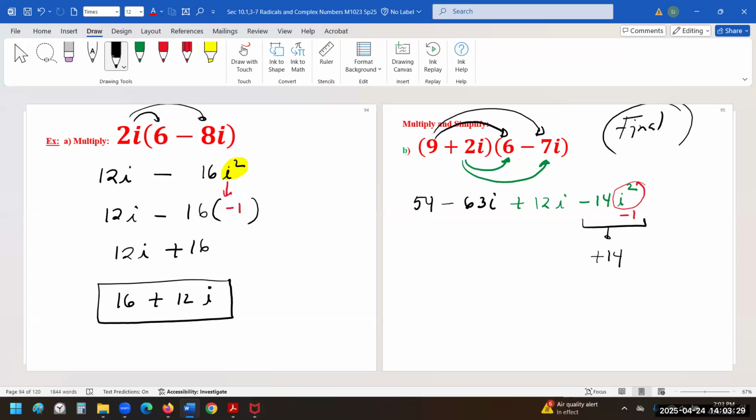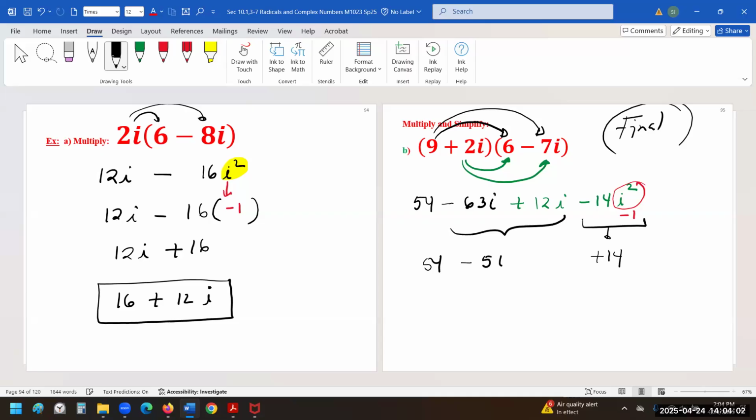And do you see any like terms? What are they? 63i with the negative sign and 12i in the positive. We are going to bring down 54 right now and then combine with that later. So in the middle term, what do you have? Negative 63i plus 12i. Minus how much? Say it louder, I can't hear you because of the people outside. 51.